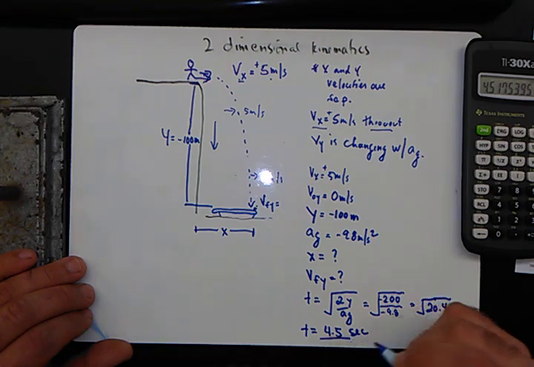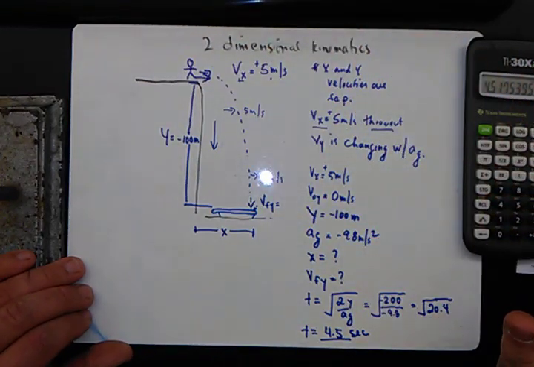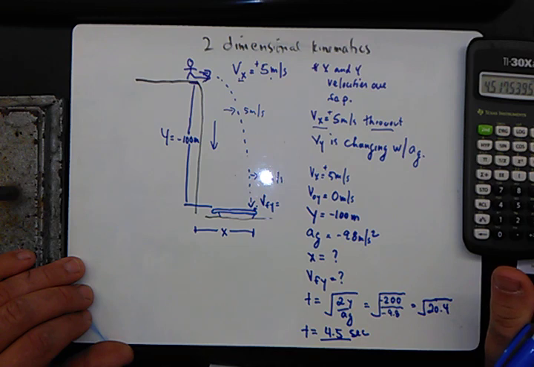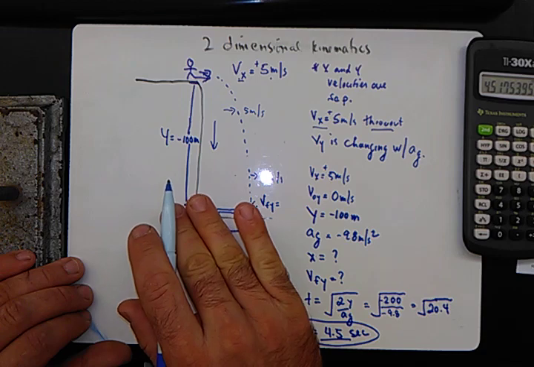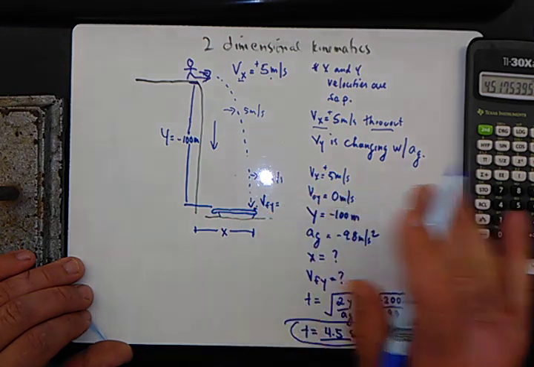So during this entire process, this guy or coyote or whatever is in the air for 4.5 seconds. That's important because he's also moving to the right at 5 meters every second.